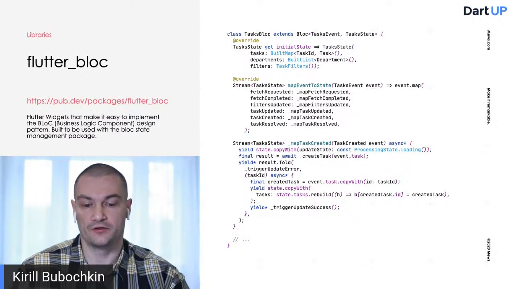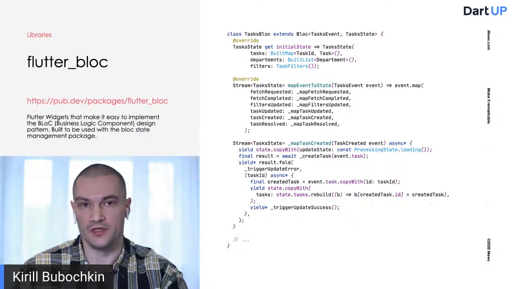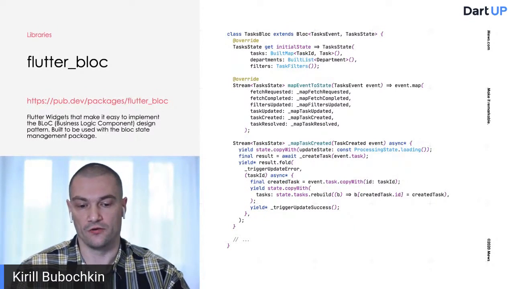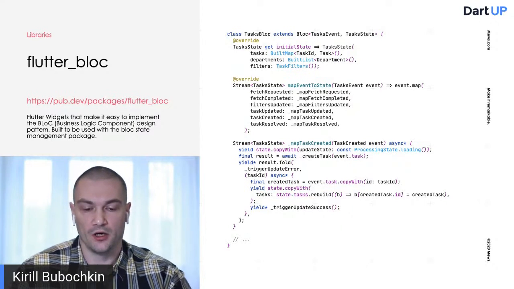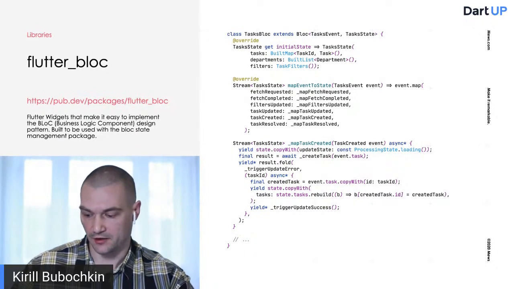And it returns this Either type that I was talking about. Based on the result, we either emit some error state or do some side effect, maybe updating the task or saving it to the database, and trigger a success state.